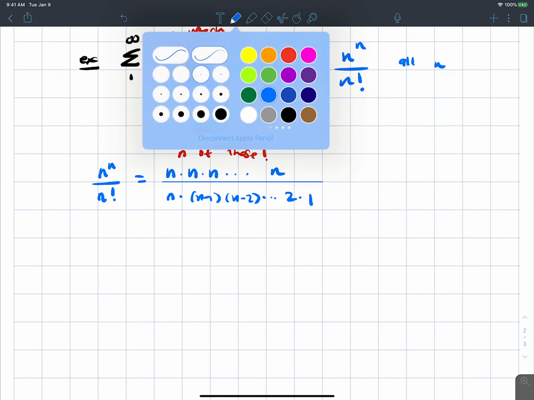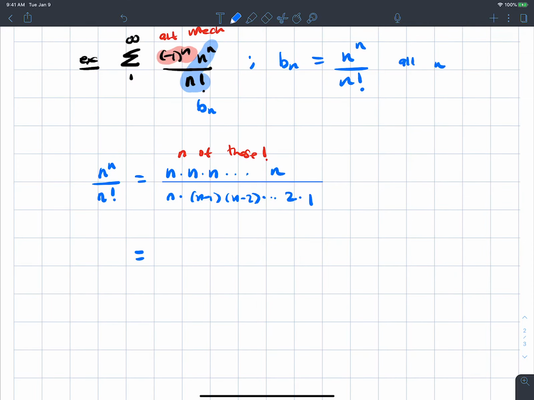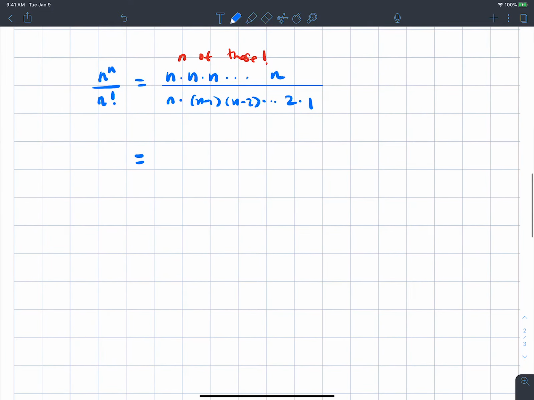So what I'm going to do now is take a look at the details of this. Notice we have n over n times n over n minus 1, n over n minus 2, n over n minus 3, all the way down to n over 2 times n over 1.